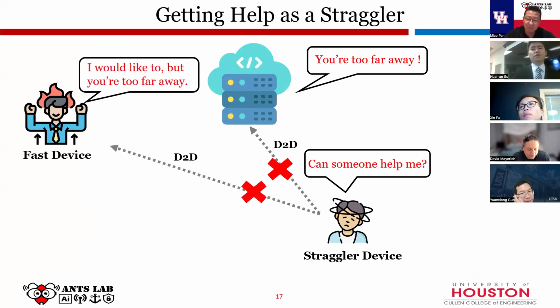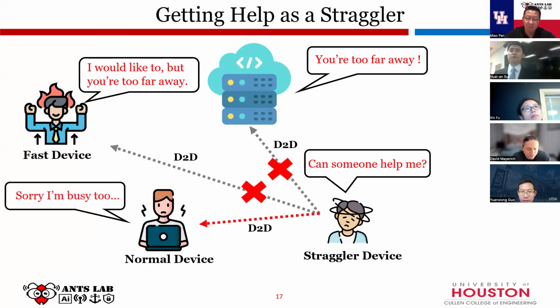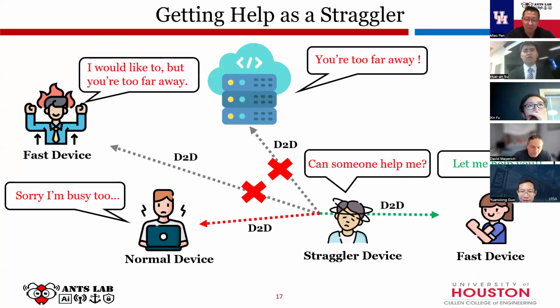It also reaches out to another fast device, but it is still too far away to help. We try to connect to a device within range, but this device doesn't have the luxury to help out the straggler. And lastly, they reach out to a device that is close enough and also fast enough to help perform part of the split learning.